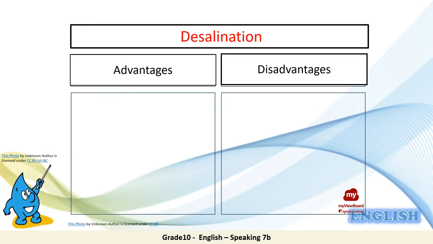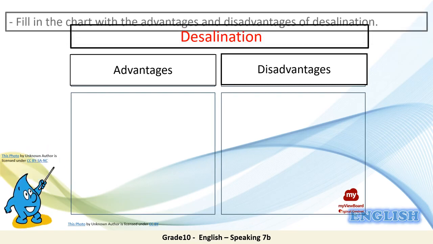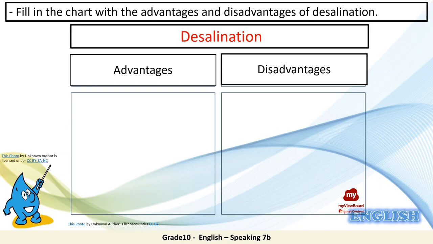To know more about desalination, dear students, let's fill in the chart with advantages and disadvantages. Pause the video and think about some. Let's correct. And let's start with the first advantage of this method used to face water shortage.